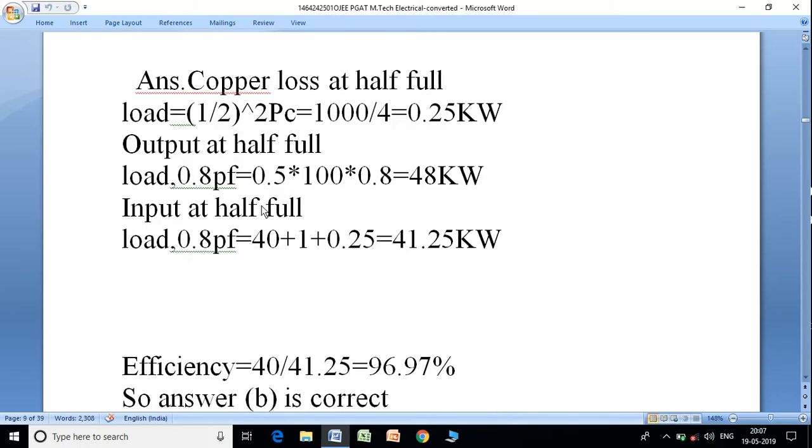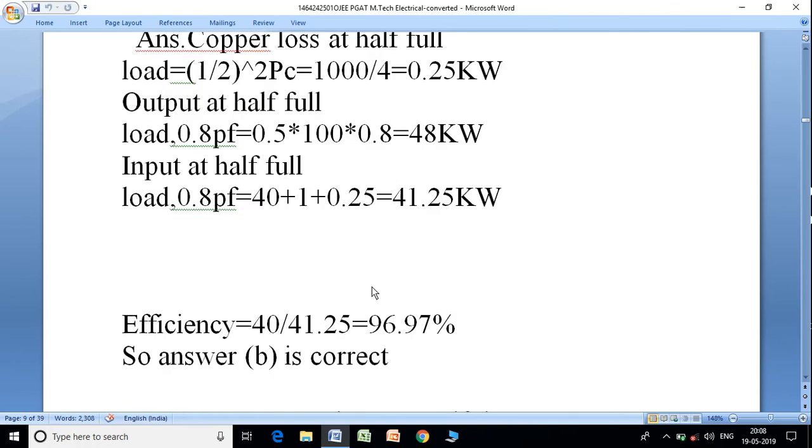Therefore, output is equal to half into 100 kVA into 0.8, that is 48 kilowatt. So input at half load at 0.8 power factor is equal to 40 plus 1 plus 0.25, which is equal to 41.25 kilowatt.